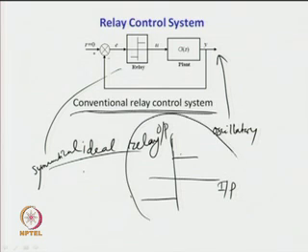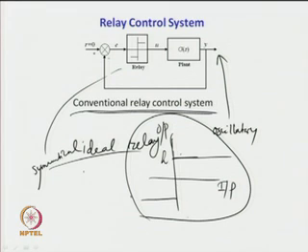So, the relay characteristic can be shown by this plot. Now, for any input, the output will be equal to some fixed value. Suppose the relay setting is made at some positive value of h and negative value of minus h, then what type of output we will expect from the relay?